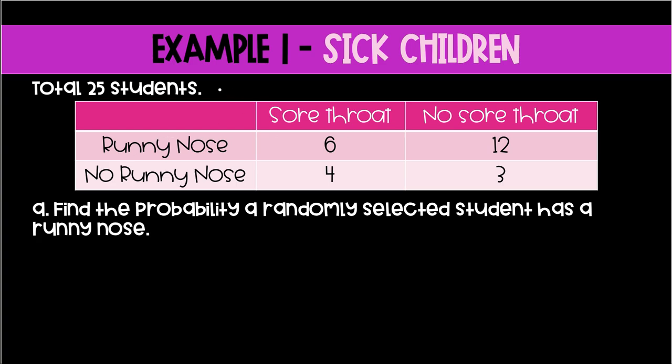Notice that we have a total of 25 students if we add them all up. If we wanted to find the probability of selecting a random student having a runny nose, let's practice a little bit with our notation. This will be the probability of runny nose.